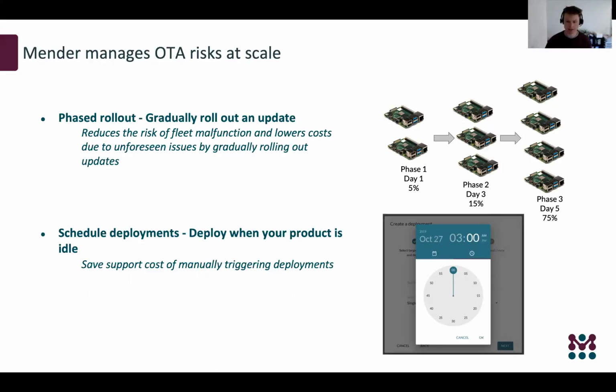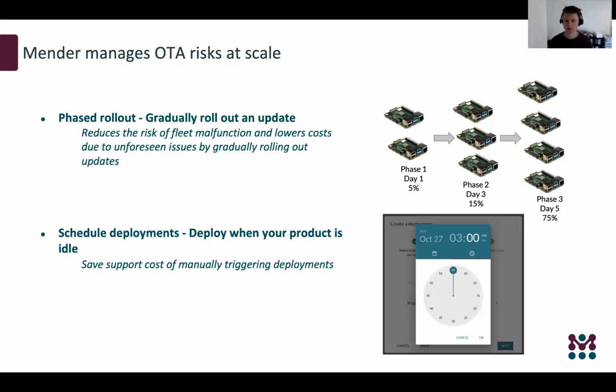So at the last step, when you deploy the production software, you can phase it out like it's illustrated on the top right there. You can start with, let's say, 5% of the devices, wait 2 or 3 days. You can choose how long you would like to wait for feedback from your customers.